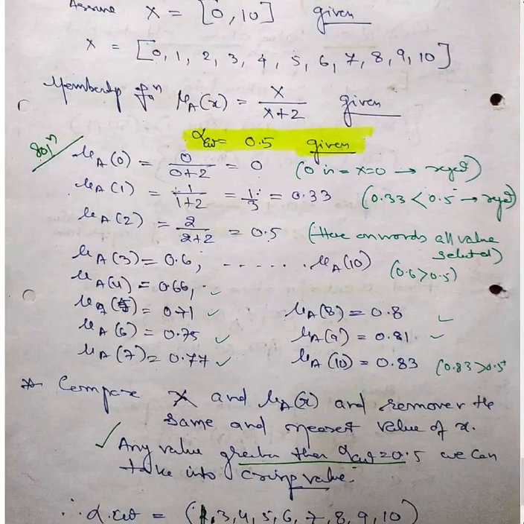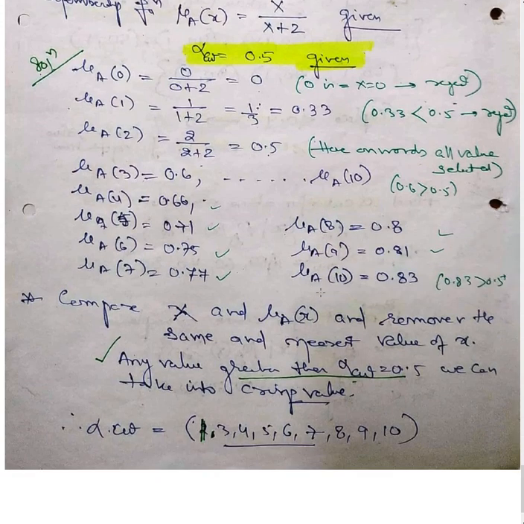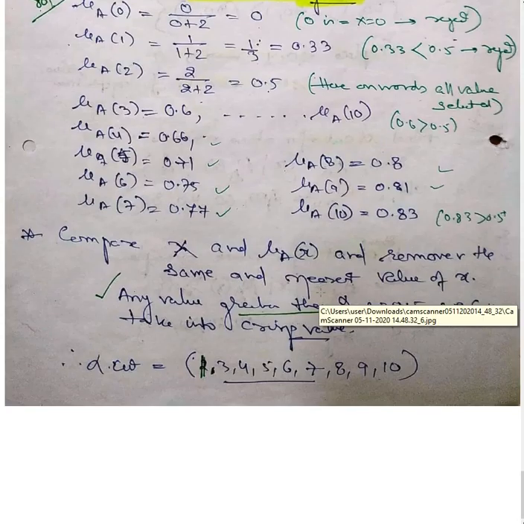So we got this membership value. If suppose this is a triangle type, anything greater than 0.5 we will consider, and the bottom values we eliminate. So that is the problem related to this alpha set.